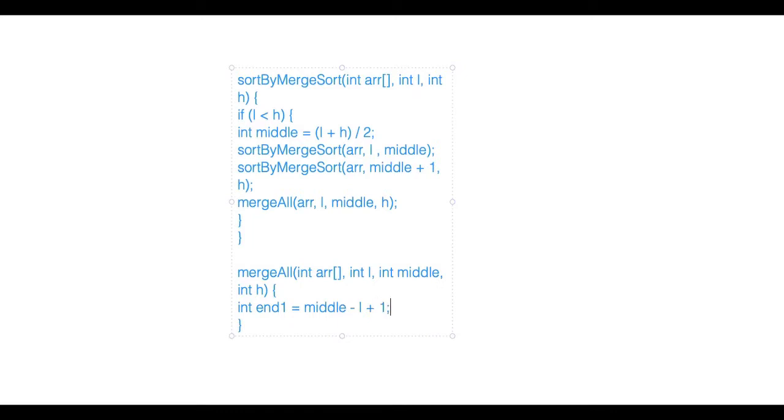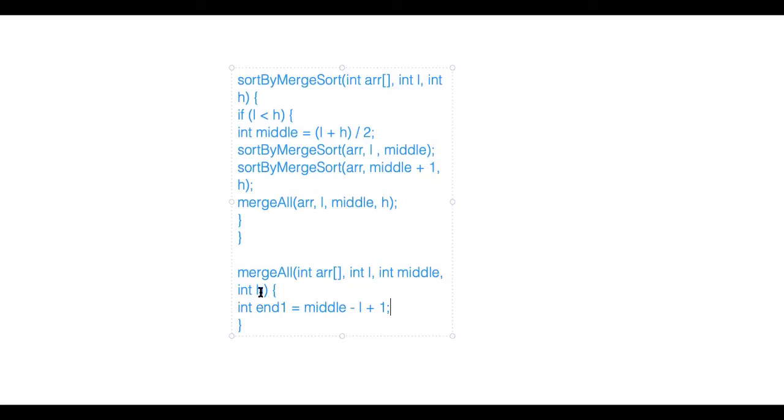Suppose, let's talk about our initial case. We had 6 elements in the array, so in the beginning L was 0 and H was 5. The middle will become 2, right? So we will pass 0, 2 and 5 to merge.